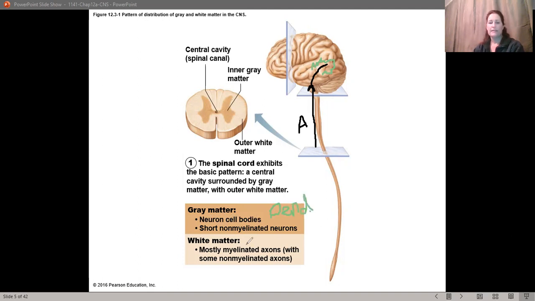White matter is made up mostly of myelinated axons. You can have some small non-myelinated axons in there as well, but the white color comes from the myelin. So those are going to be myelinated axons, giving it that very white appearance.